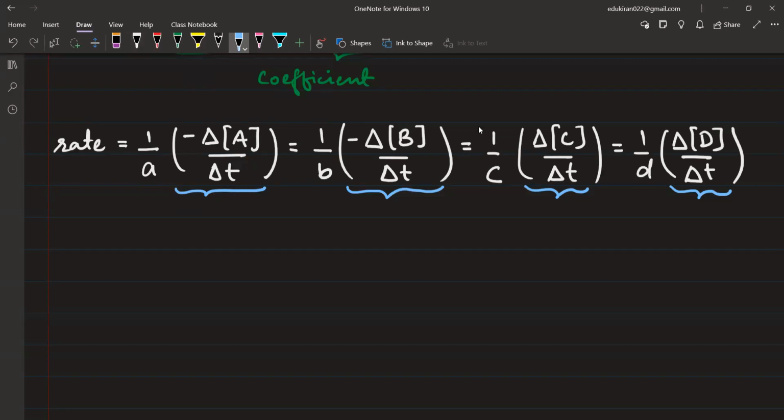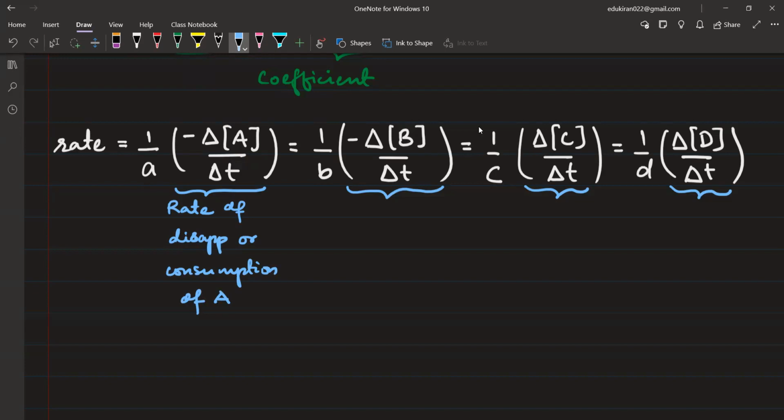So these things inside the bracket, these are known as rate of disappearance or consumption of A. This is the rate of disappearance or the rate of consumption of A.